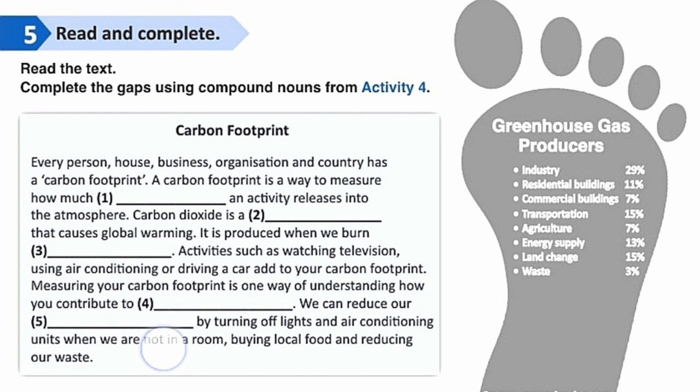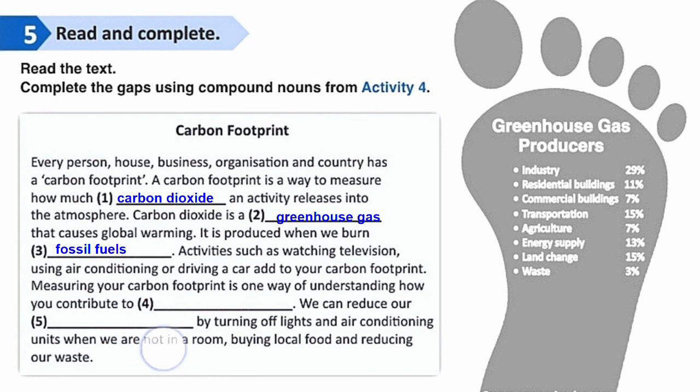A carbon footprint is a way to measure how much carbon dioxide an activity releases into the atmosphere. Carbon dioxide is a greenhouse gas that causes global warming. It is produced when we burn fossil fuel. Activities such as watching television, using air conditioning, or driving a car add to your carbon footprint.